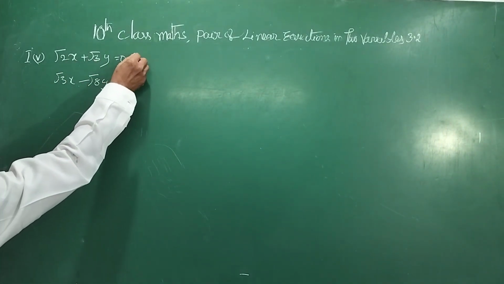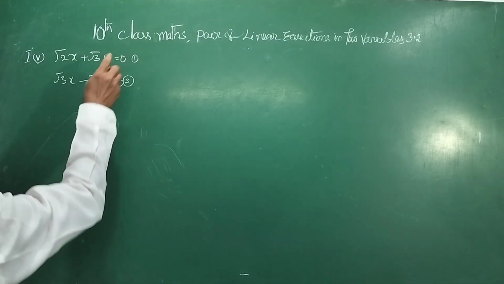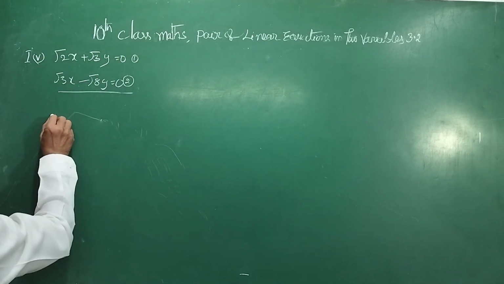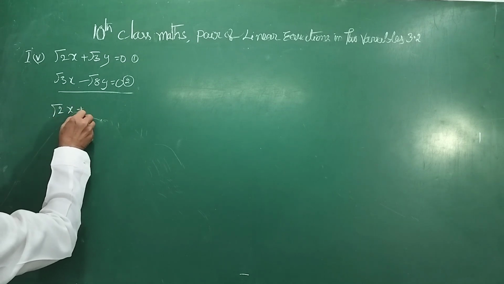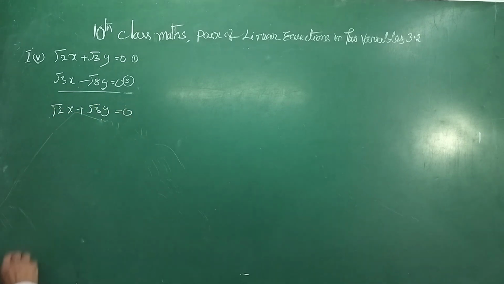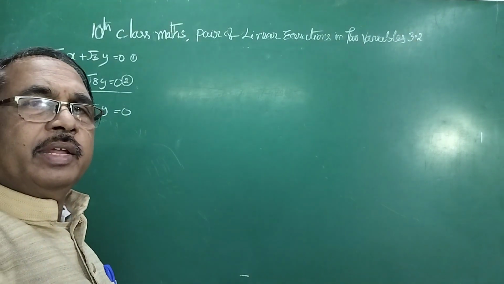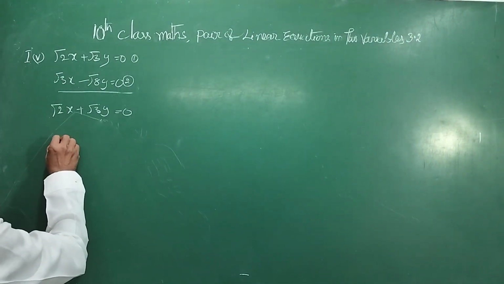Here the first equation is given, and the second equation is given. Let us take the first equation: root 2x plus root 3y is equal to 0. We have to find the x value and substitute it in the other equation.